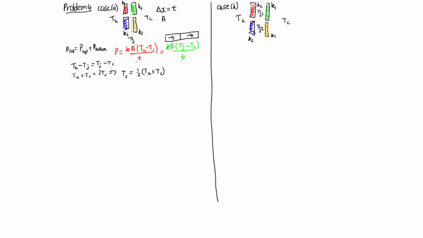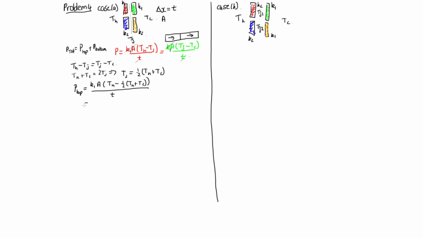The same would hold for K2. We just have here, these were actually K1s. For the bottom part, they'd be K2s. Okay, so the P through the top is equal to K1A times the hot minus the junction temperature, which is a half times (Th plus Tc), over the thickness.